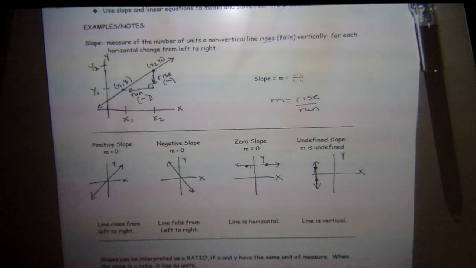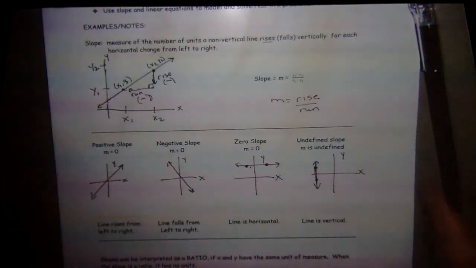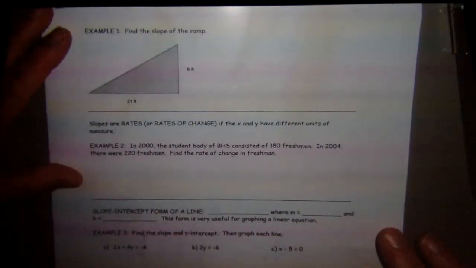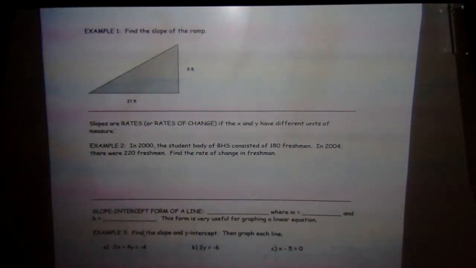Slopes can be interpreted as a ratio if x and y are the same unit of measure. When the slope is a ratio, it has no units. Find the slope of a ramp. The slope is rise over run.